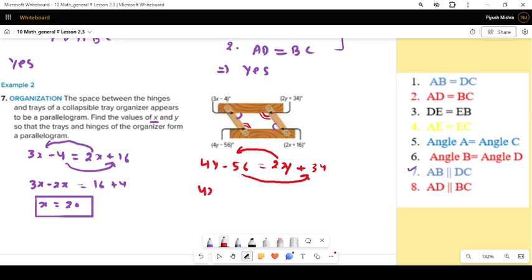So I can write 4y minus 2y is equal to 56 plus 34. Further solve it. It will give you 2y and it will give you altogether 90. So from here y will be equal to 90 divided by 2. It will give you 45. I hope you all have understood.